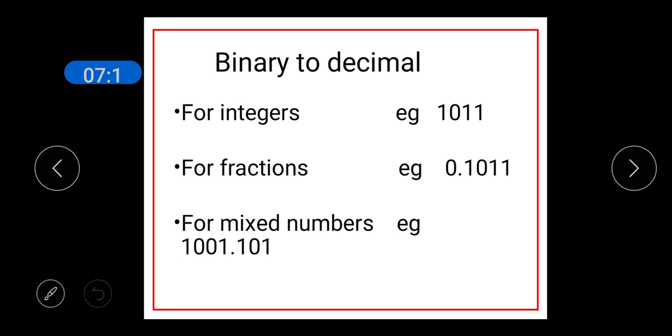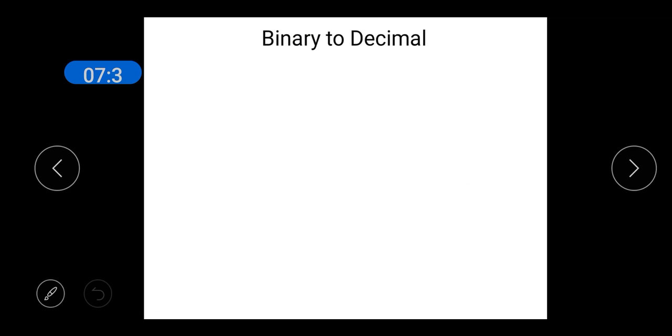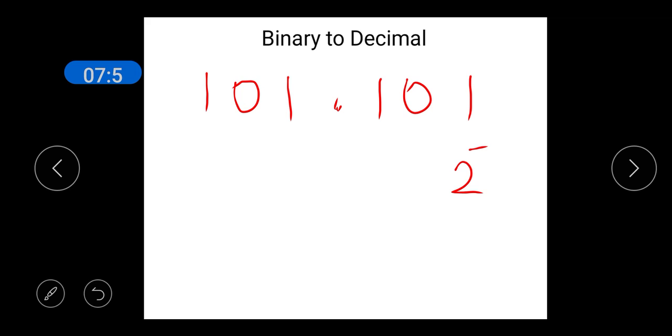Next we have to consider the conversion of binary to decimal. We can convert binary integers or binary fractions or binary mixed numbers into decimal number system. For converting binary to decimal, you must know the weights of each bit in the binary number. For example, if you consider the binary number as 101.101, the weight of this 1 is 2 power minus 3.